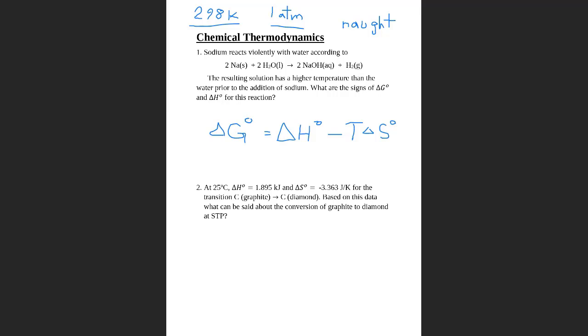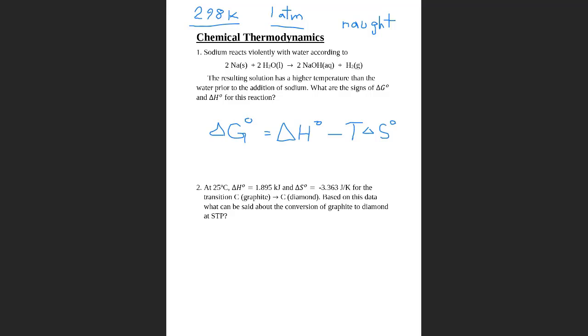Otherwise, you're on the right track, because if we look at the phases on the left-hand side, they're solid and liquid. And the phases on the right-hand side are aqueous and gaseous. Is there more disorder on the reactant side or the product side?